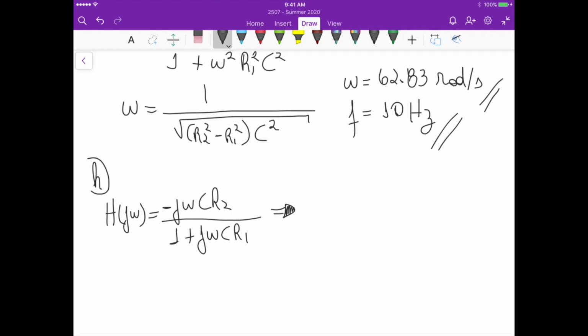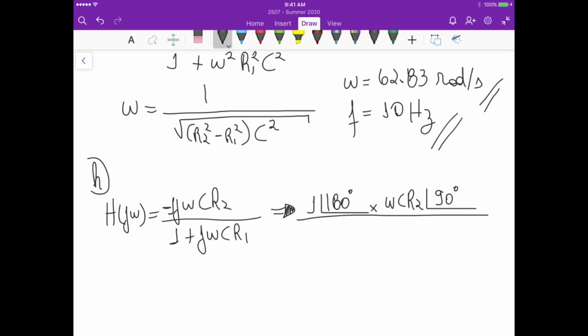So we have 1 with 180 degrees, because this is minus 1 j, okay, times the magnitude of j omega C R2, which is omega C R2, with an angle of 90 degrees because of the j, right?